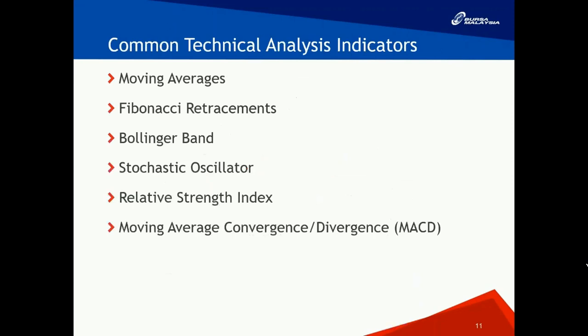Another thing you have to take into consideration is what type of indicators you want to use. The most common indicators are moving averages, which are the average price of a contract or stock, and Fibonacci retracements.